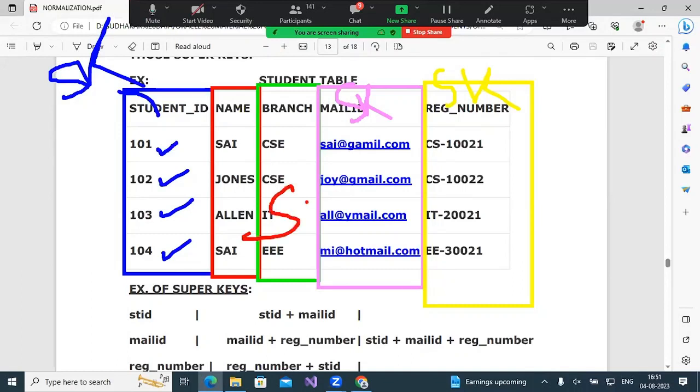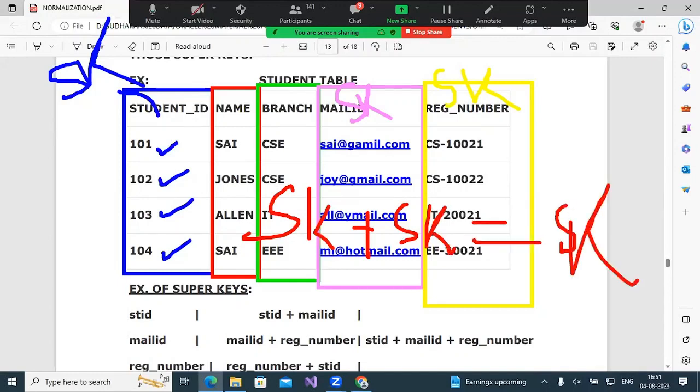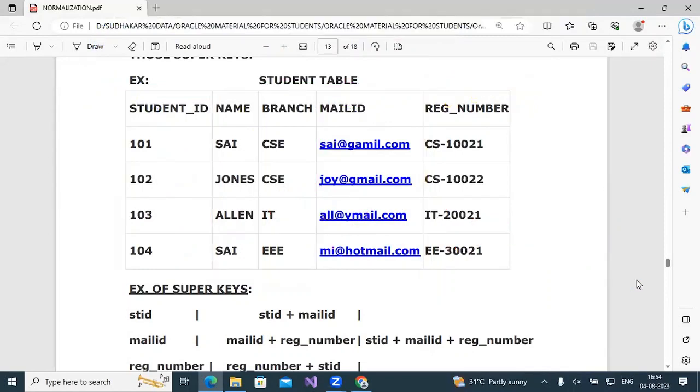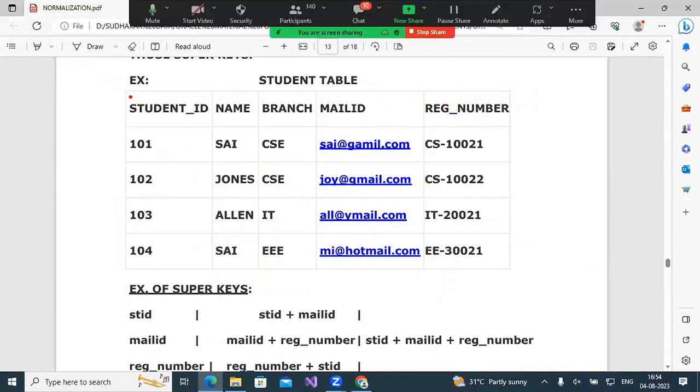Any super key column, or any two super key columns combined, will become a super key. Remember, a super key plus a super key will become a super key only. Let me check whether it is or not. Suppose this is one super key column plus this is another super key column.